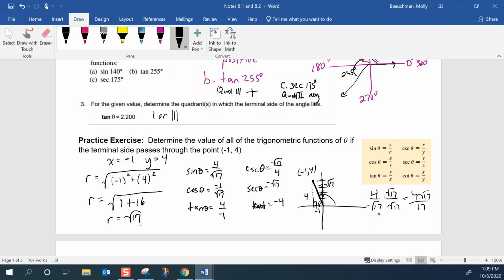Square root of 17 is a decimal that goes on forever. It's irrational. So if you multiply square root of 17 times itself, you get 17. So the sine could be 4 over the square root of 17, or 4 times the square root of 17 over 17. The cosine is negative 1 over the square root of 17, or negative square root of 17 over 17 if you rationalize the denominator. We don't need to for cosecant and secant because they're in the numerator.